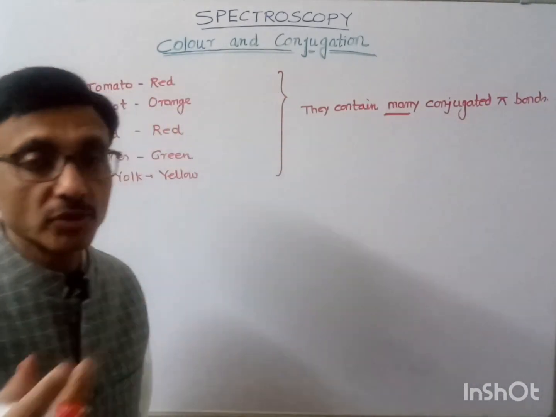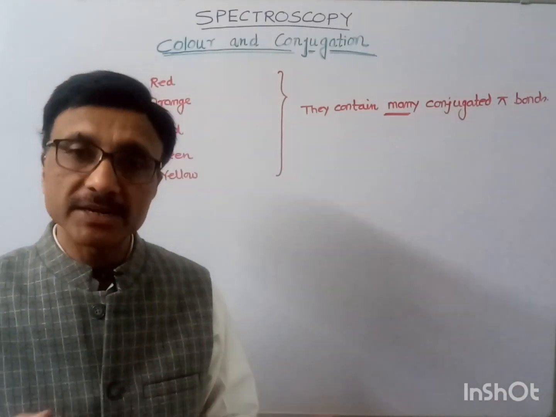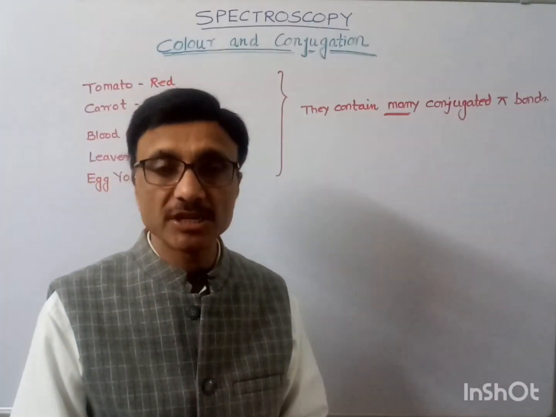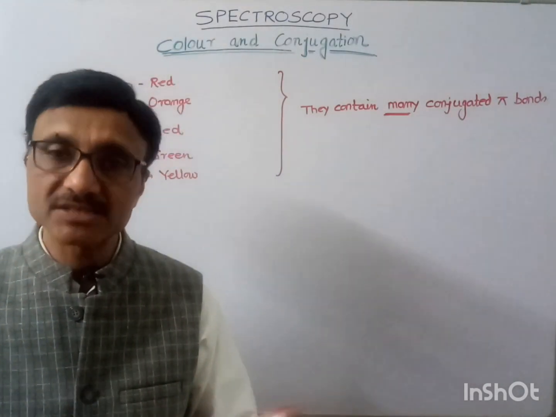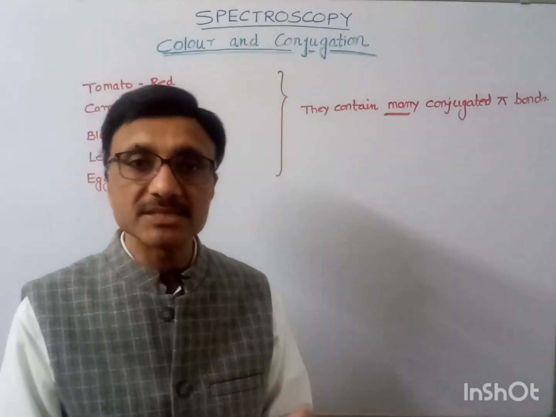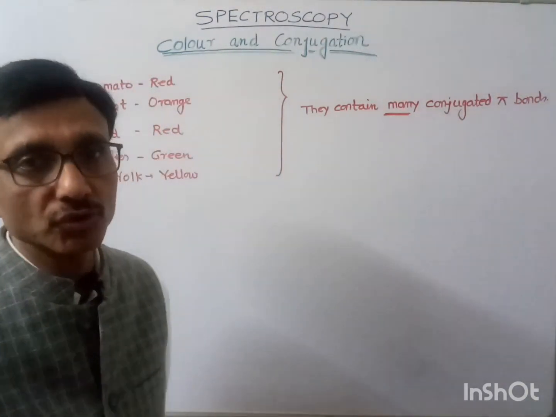Okay, so if conjugated pi bonds are there, then delocalization of electrons will take place. Delocalization means it is a stable one, and it will absorb very little energy. It will absorb less energy. So they contain many conjugated pi bonds.